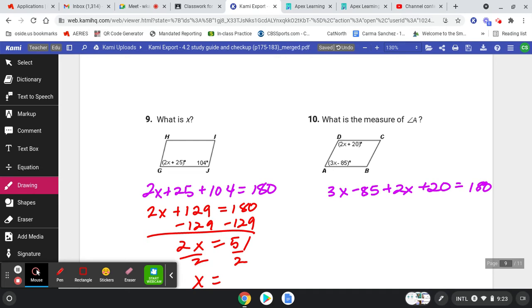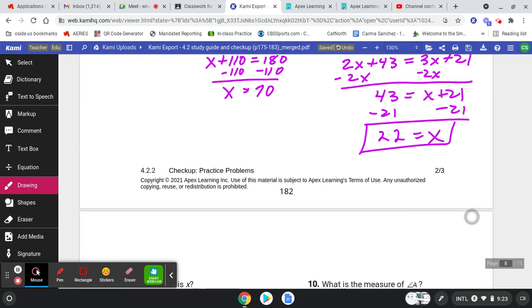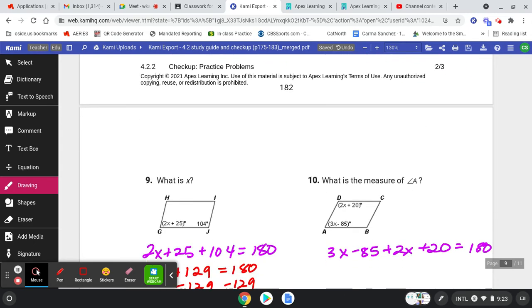You can leave it as 51 halves or 25.5. Now, I'm just remembering up here, I forgot to do a step on number 8.